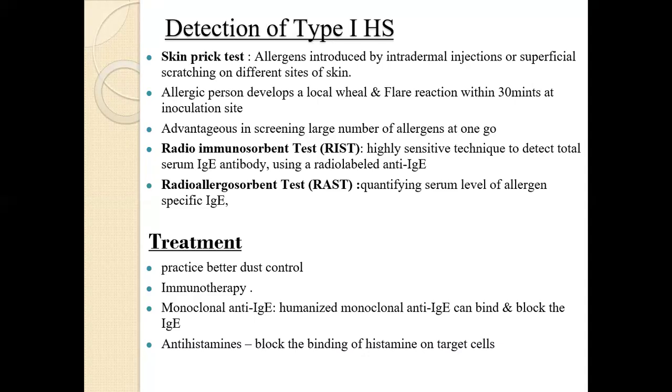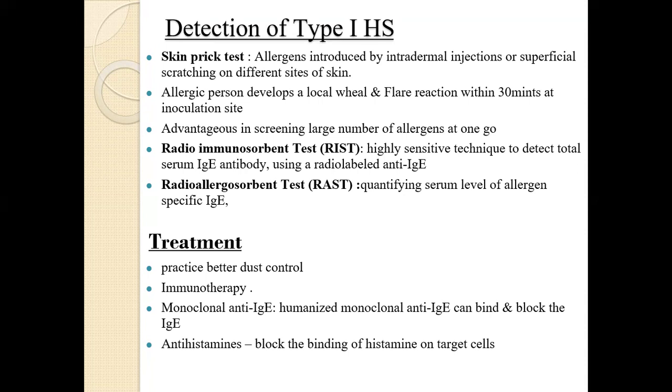Another test is the radioimmunosorbent test, RIST, a highly sensitive technique to detect total serum IgE antibody using a radio-labeled anti-IgE. The radioallergosorbent test, RAST, quantifies the serum level of allergen-specific IgE. So these are the tests for the detection of type 1 hypersensitivity reaction.